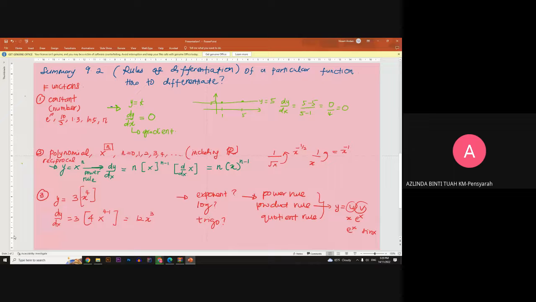So kena tahu dulu yang penting macam mana nak differentiate each one of the function. So sekarang kita tengok dulu macam mana nak differentiate exponent dengan log. Okay. Kemudian baru kita tengok macam mana nak apply ketiga-tiga rule yang besar ni. Power rule, product rule dengan quotient rule.